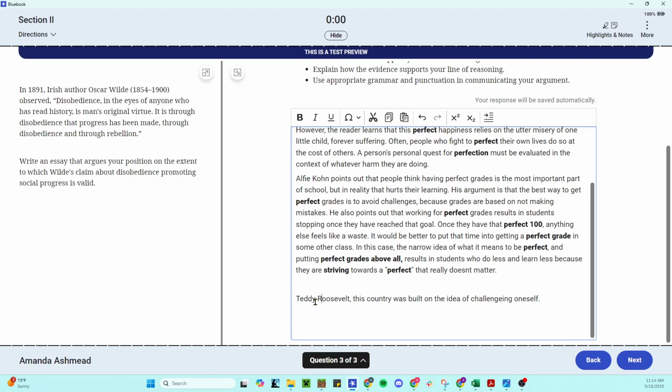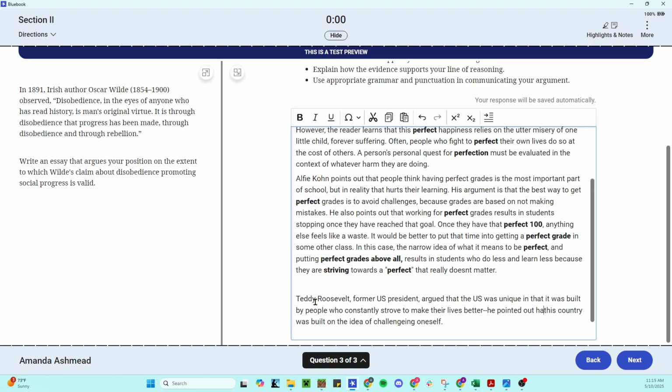Teddy Roosevelt, former U.S. president, argued that the U.S. was unique in that it was built by people who constantly strove to make their lives better.